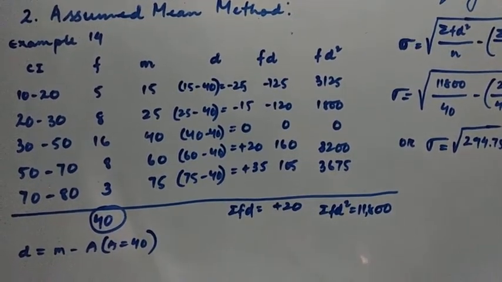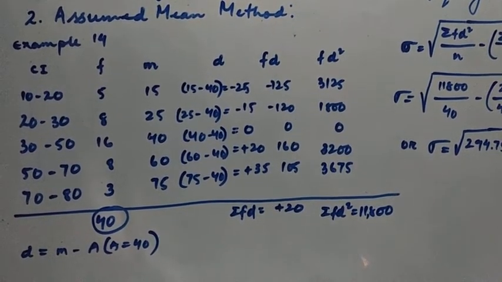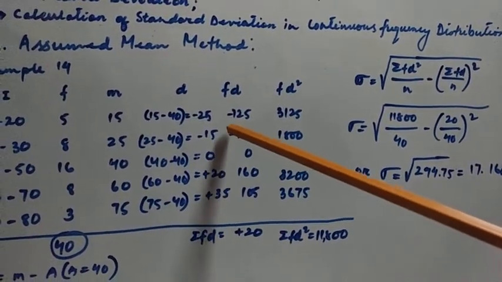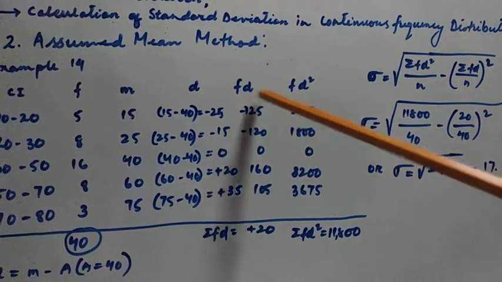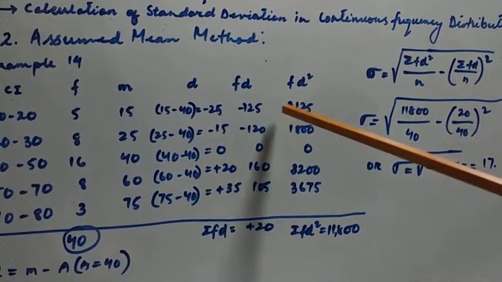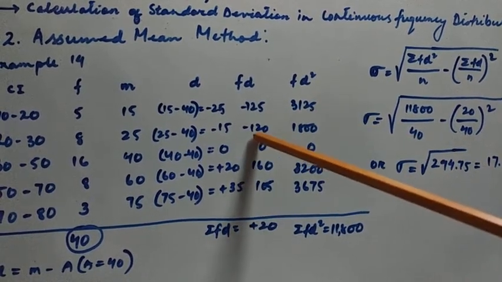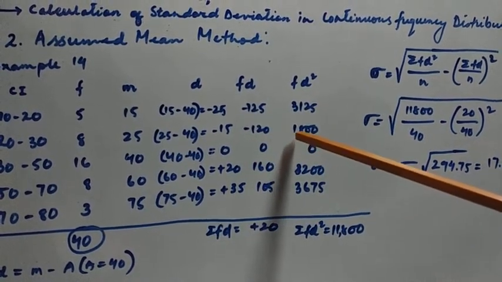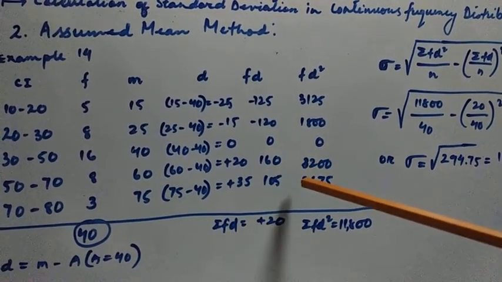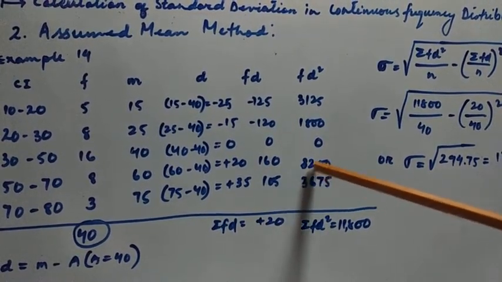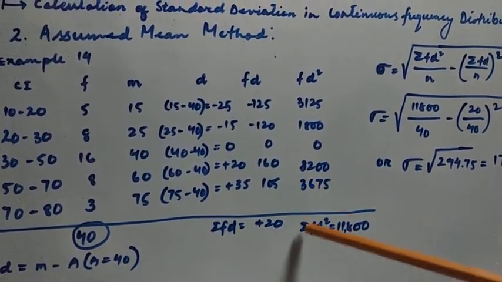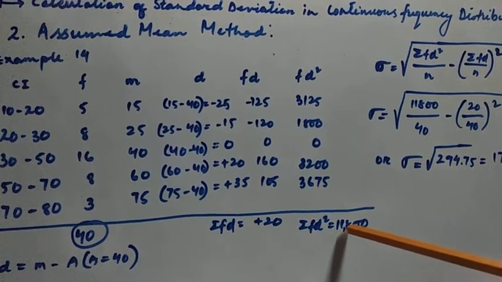After that, the next step is that standard deviation can be calculated by the following formula. After finding fd, you find fd square, that is 125 into 25 is 3125, 120 into 15 is 1800, 0 is 0, 160 into 20 is 3200, 105 into 35 is 3675, and summation fd square is 11800.